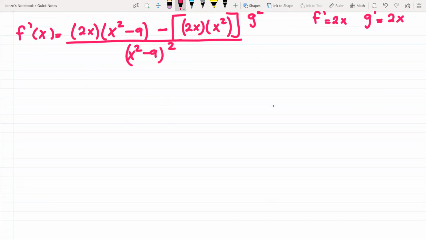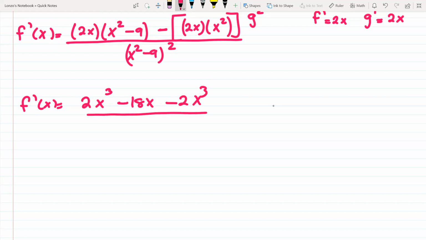So when you clean it up and FOIL it out, this is what you get. 2x cubed. And then finally, when you clean up the numerator, it's going to look like this.